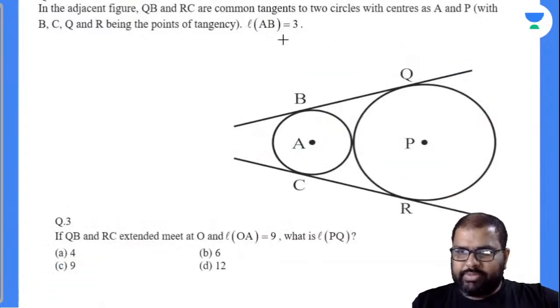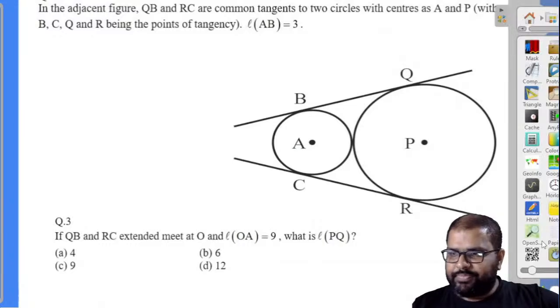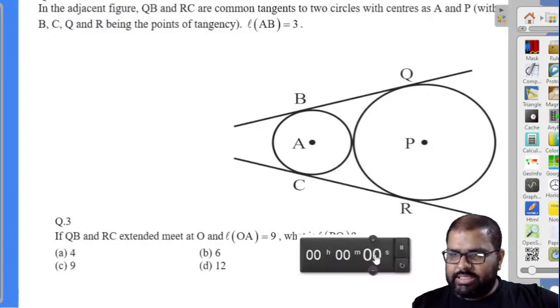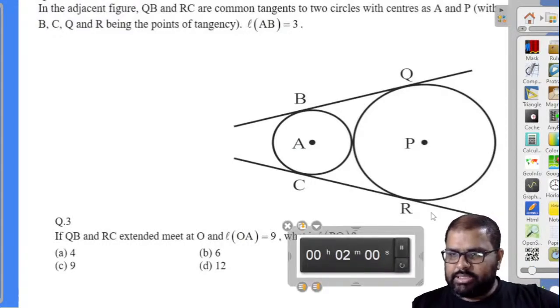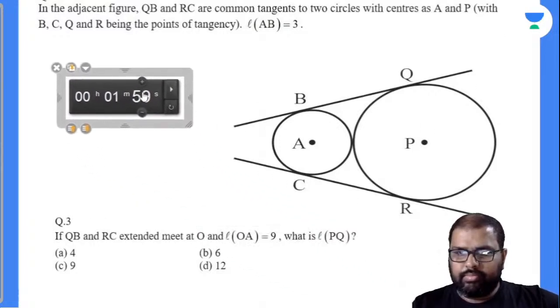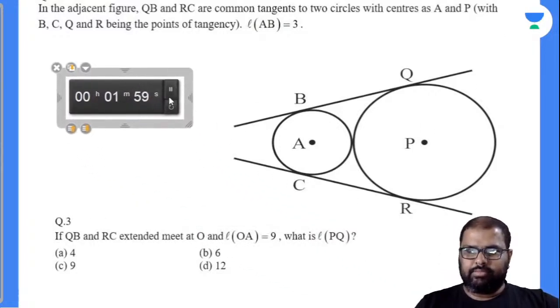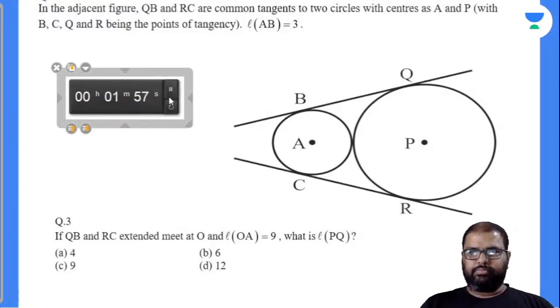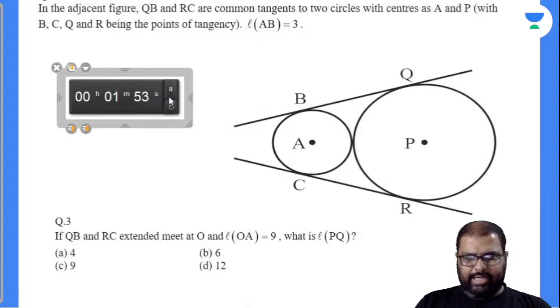Let's come to the next question. Let us see how many can solve this. So I got 4 questions in this series here. 2 minutes. Try this. Same question. I mean, the secondary data changed there.